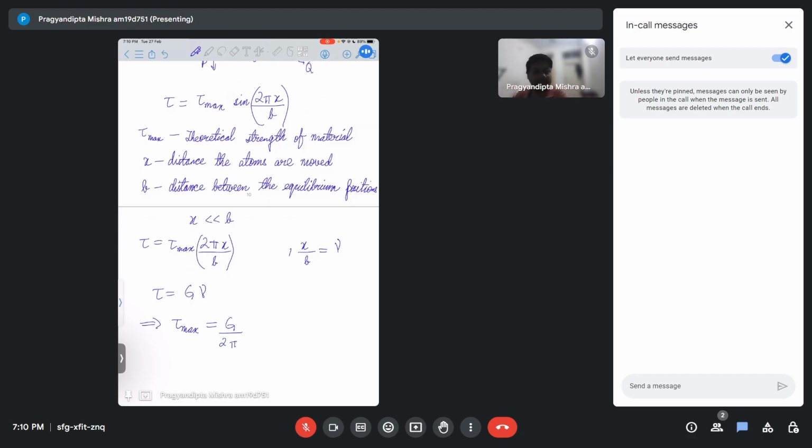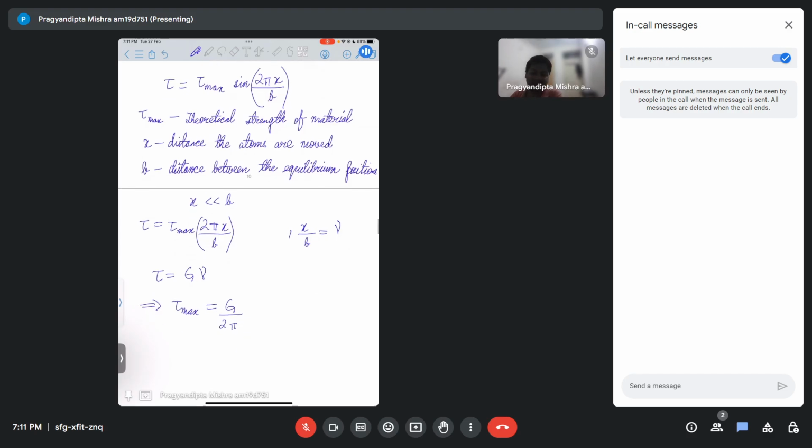People have said that actually the realistic range in which the theoretical strength would lie is somewhere around g by 30. So let's say that it is in the g by 6 to g by 30 range, that your maximum tau max should lie in, right?